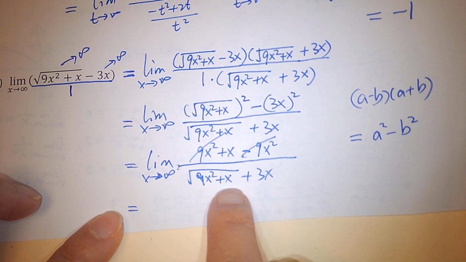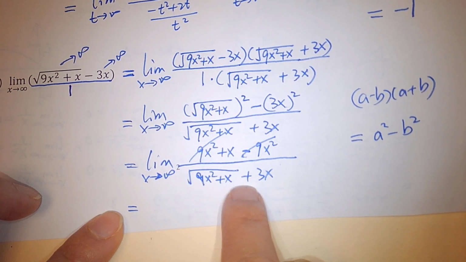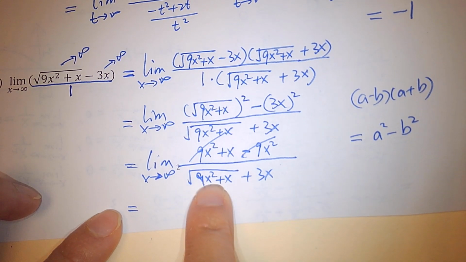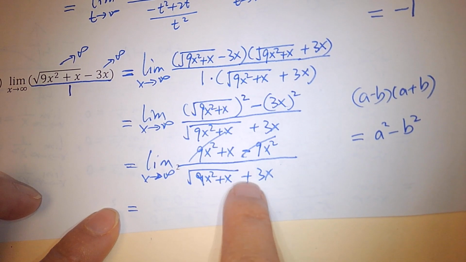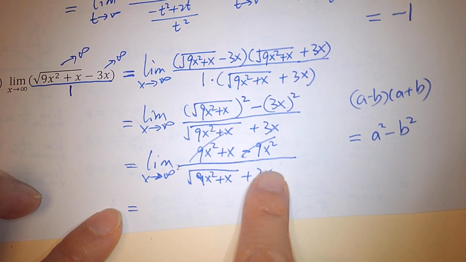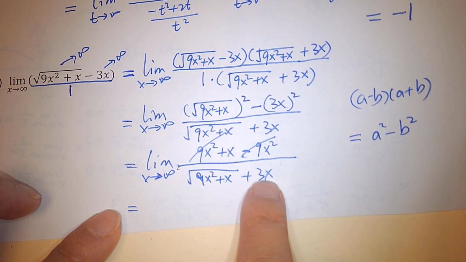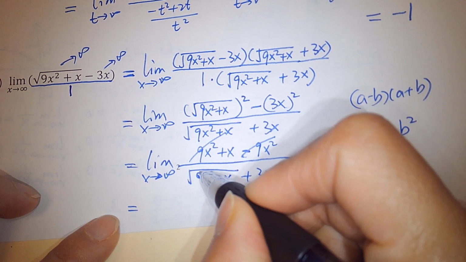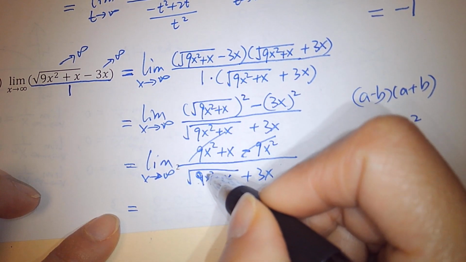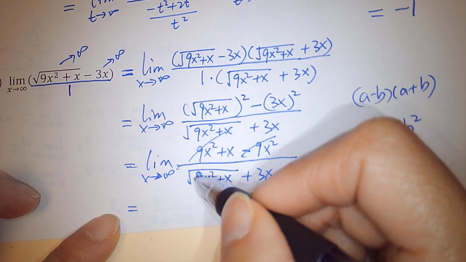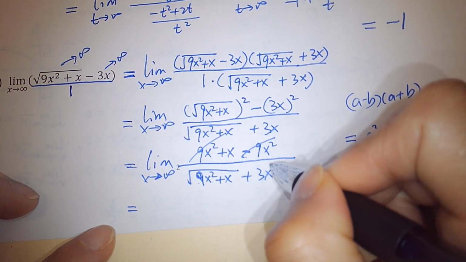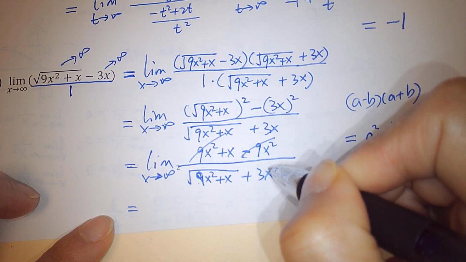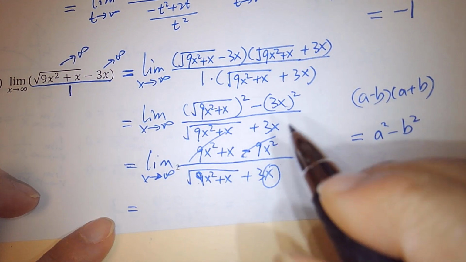On the bottom, we have square root of 9x squared plus x plus 3x. What do we do next? What is the highest power on the bottom at this time? x, okay? Or you say, oh, 9x squared. But after the square root, 9x squared also gives us x, right? So x is the term with the highest power. So we divide by what? x from both top and bottom.